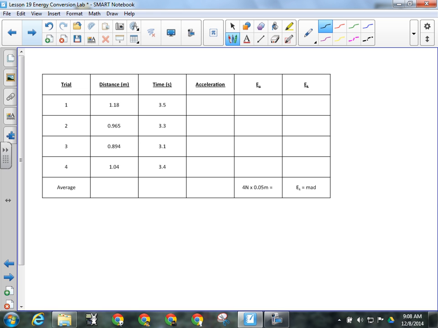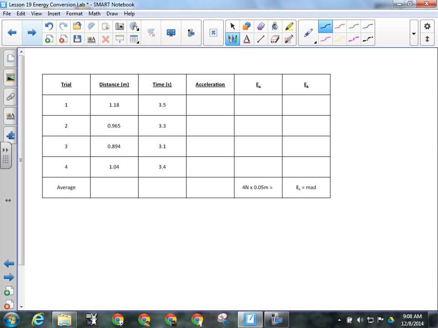Again, don't write these numbers down, guys. Your numbers are going to be different. So you'll fill all these things in. For each trial, you'll have a distance and a time and an acceleration, and you'll average those numbers. For the EP, since that number's the same for every trial, you don't need to write it in every one of those. Just write it once down here.